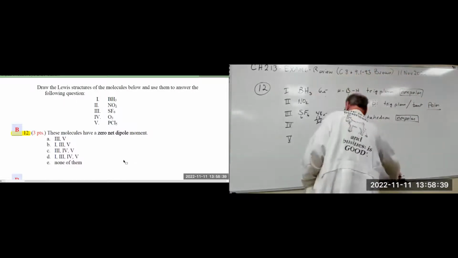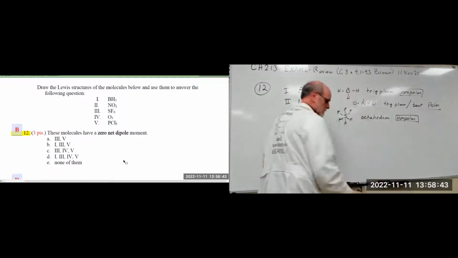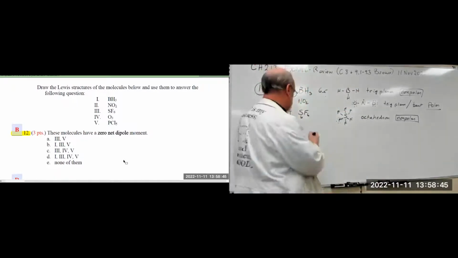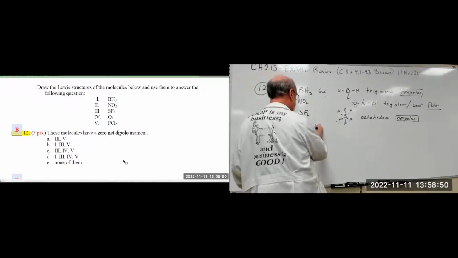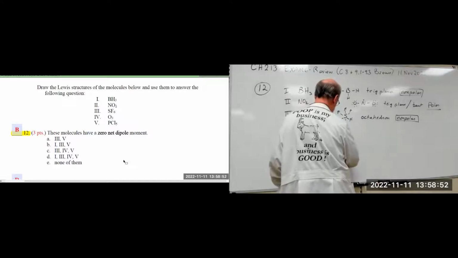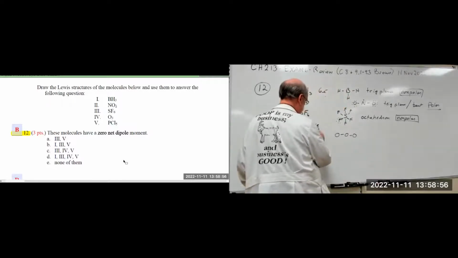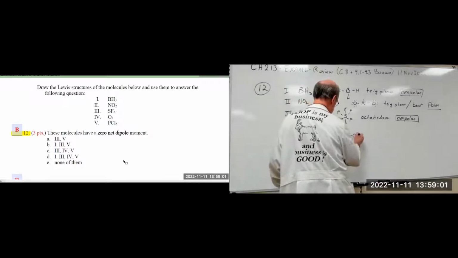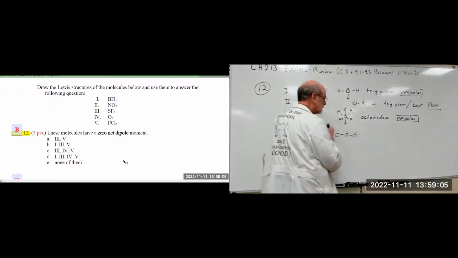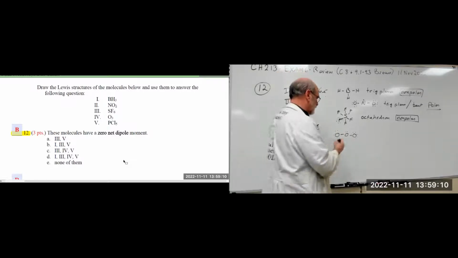And let's make room for 4. Roman numeral 4, ozone. Okay, 3 times 6 is 18. So we have that one, and that one. 2, 4, 14. 1, 2, 3, 4, 5, 6, 7, 8, 9, 10, 11, 12, 13, 14. So the middle oxygen doesn't have an octet yet. So what are we going to do?